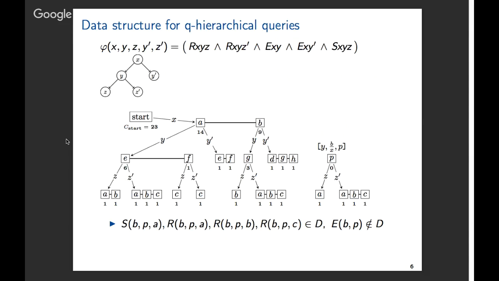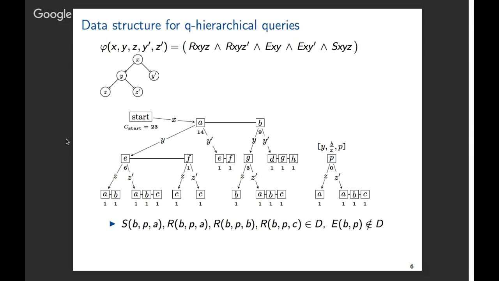So we instantiate X with some value A, Y with some value E, and Z prime, for example, with all possible values that build tuples. And then we can pass through these lists and on the same level build the Cartesian product and enumerate all tuples. So this is just a so-called F representation of the query result.